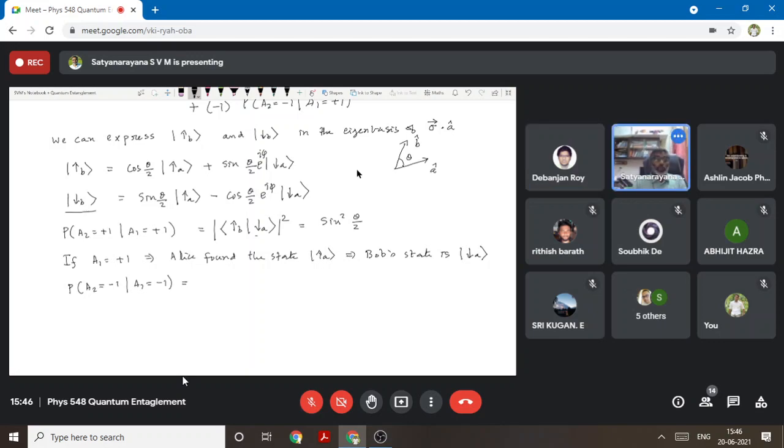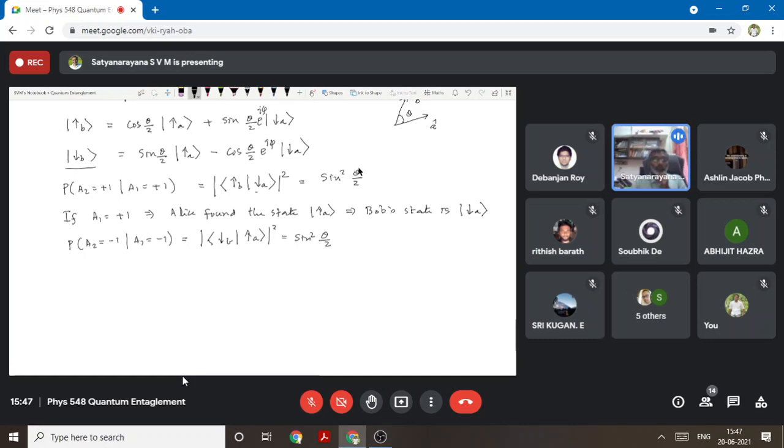Bob has got up A, so down B, up A. This is also equal to sine square theta by 2. Do we follow?